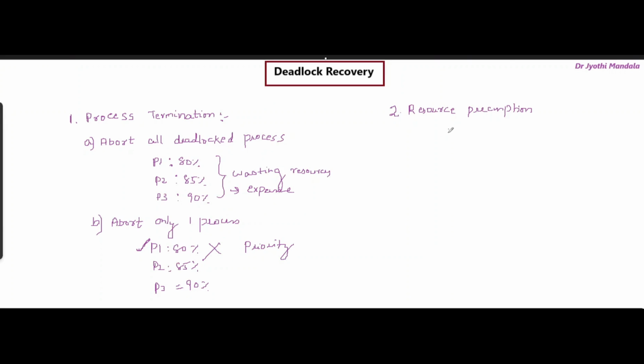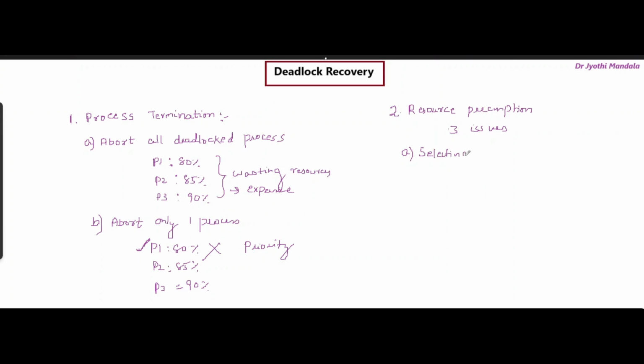Now in this approach, in deadlock recovery, it says forcibly take out the resources from the deadlocked processes. We are not terminating the process, but here we need to consider three issues. Whenever we are taking resources from the deadlocked processes, three issues need to be considered. The first issue is selecting the victim.